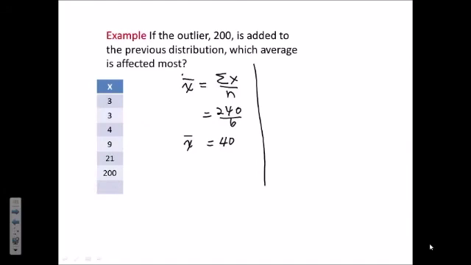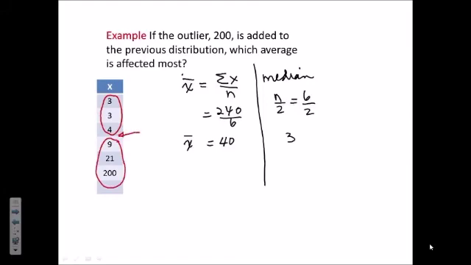To get the median, we need the score in the middle. We could take n and cut it in half. 6 by 2 is 3. Take 3 scores from the top of the distribution and 3 from the bottom. Since n is even, we have no middle score.